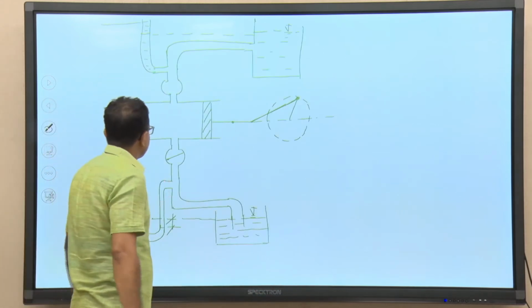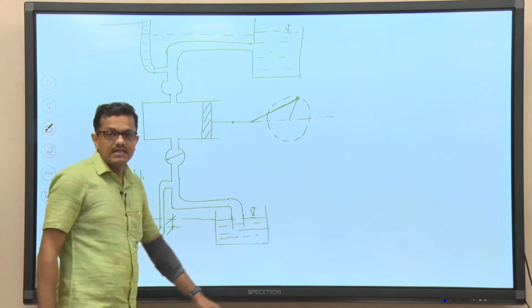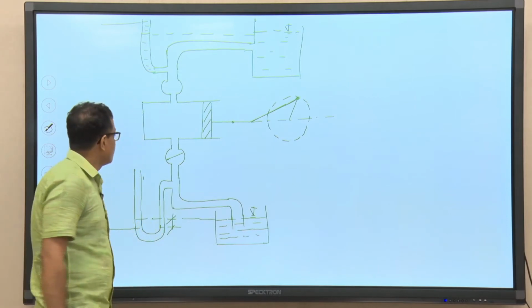So, today this is the schematic depiction of the positive displacement pump.